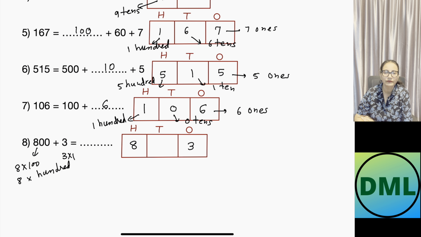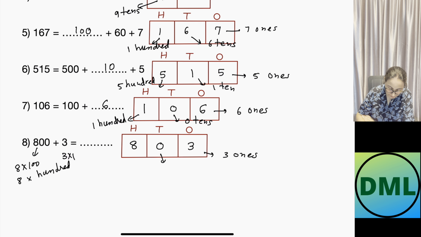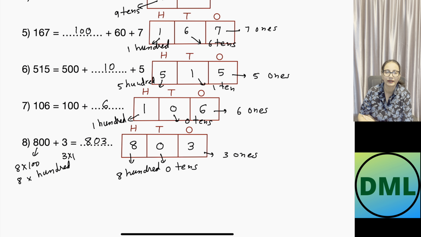Do we have any number at the tens place? No, right? There is no tens here. So if there is no tens here, we will put 0 at the tens place. This 3 will be written as 3 ones. 0 will be written as 0 tens because this is at the tens place. 8 is at the hundreds place, which is written as 800. If you combine it, this will be read as 803. That will be your missing number.